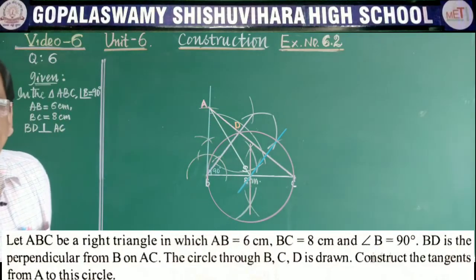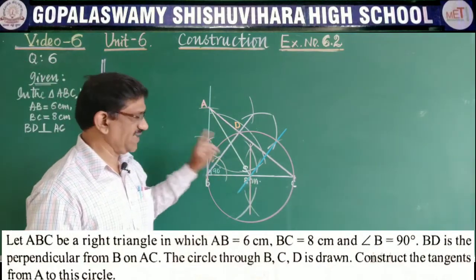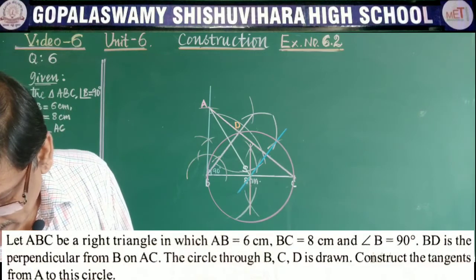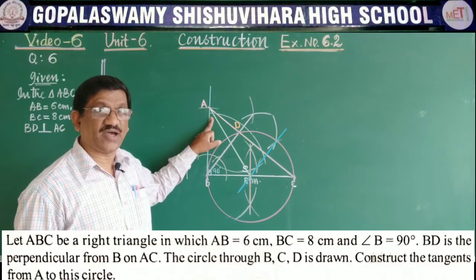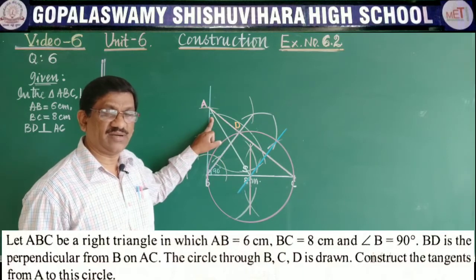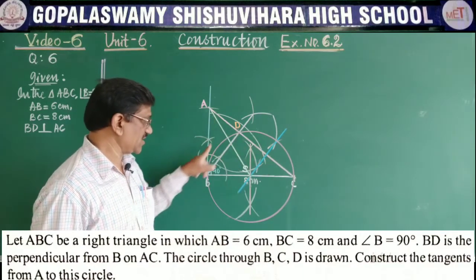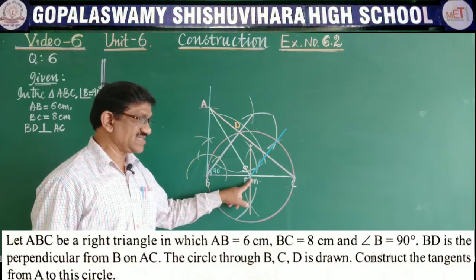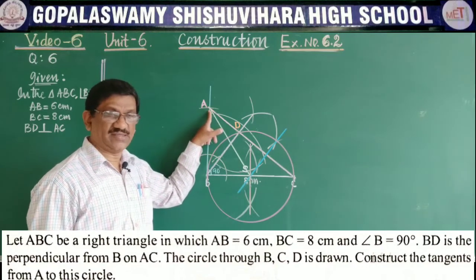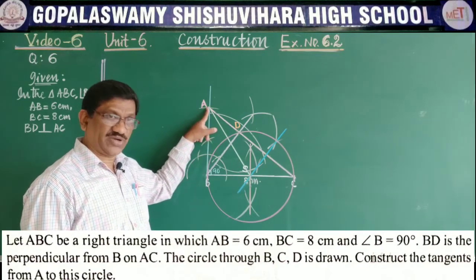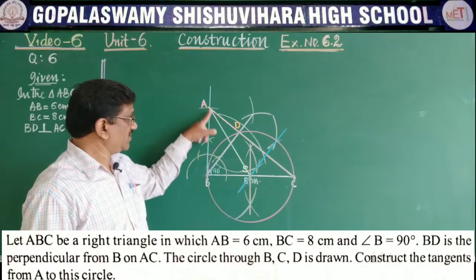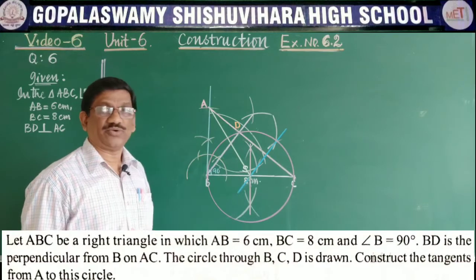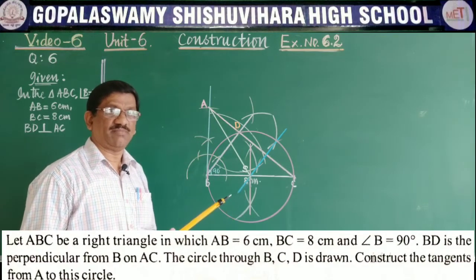For this AS, draw a perpendicular bisector. Now we are constructing tangents to the circle with the center S from A. So A is an external point, S is the center of the circle. For this line segment, we have to draw a perpendicular bisector.